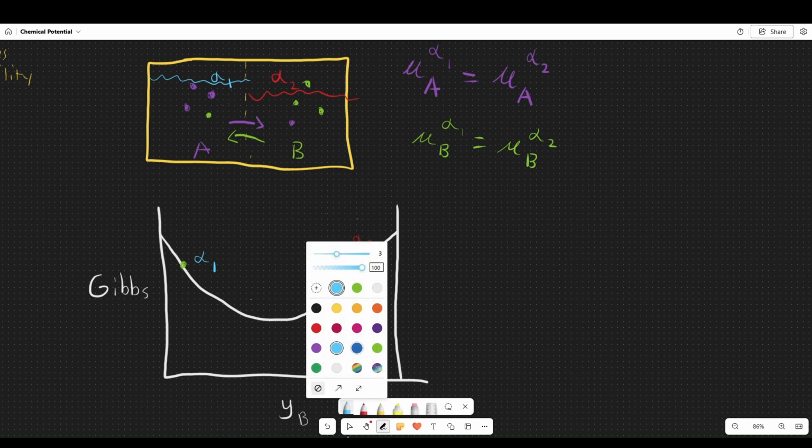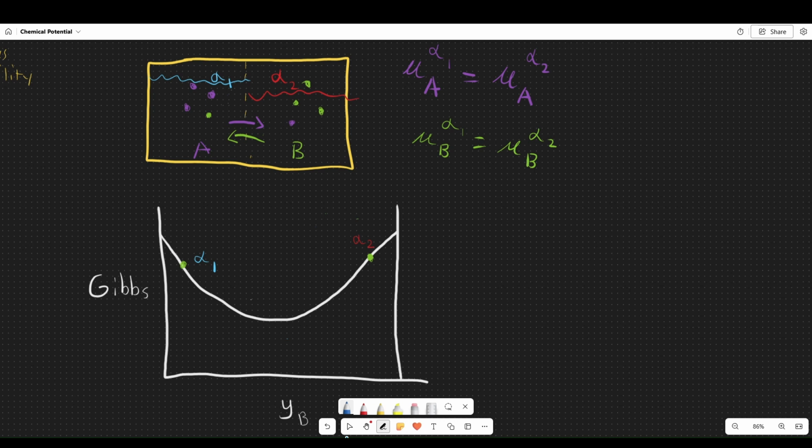So if I was to cut across this, and cut across this, this denotes the chemical potential of B. This is the chemical potential of B in alpha 2, and this is the chemical potential of B in alpha 1, right?